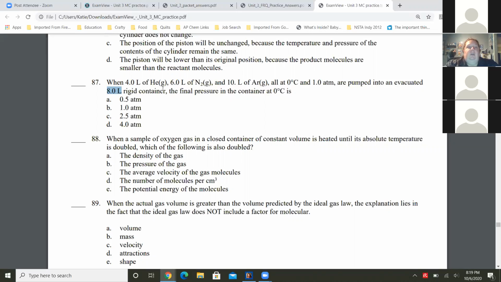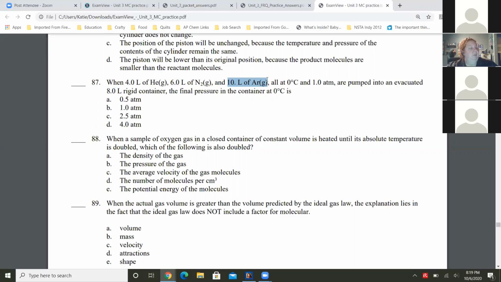If I do the same thing for the nitrogen and the argon: for nitrogen, I'm going from 6 liters and 1 atmosphere to 8 liters, so that's 6 divided by 8, which is 3/4, or 0.75 atmospheres. And then the same thing for the argon.